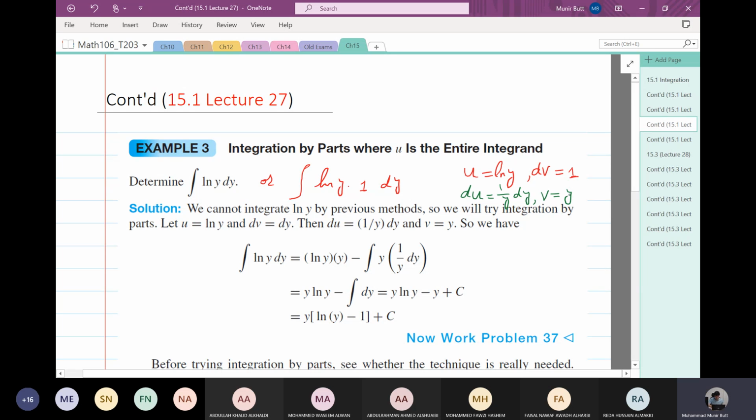So it will be y. Agree? Because now u is a function of y and v is a function of y, because we are integrating with respect to y.